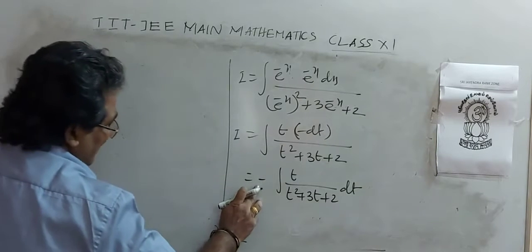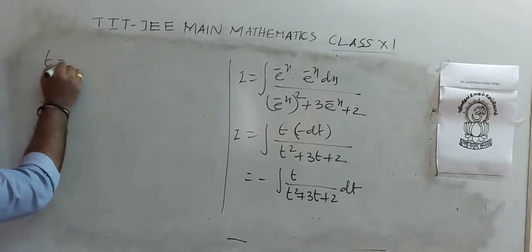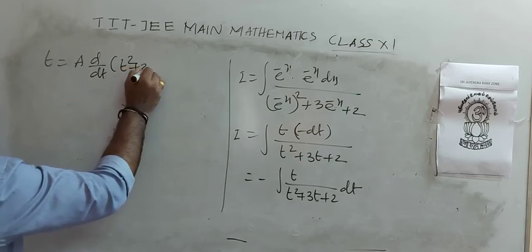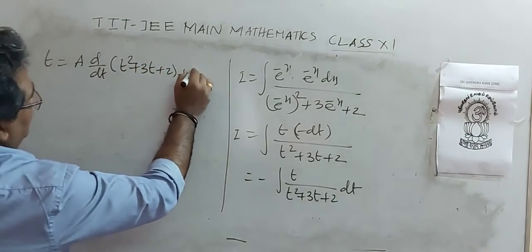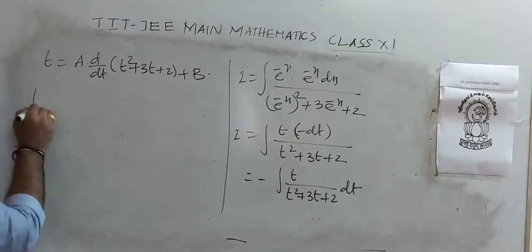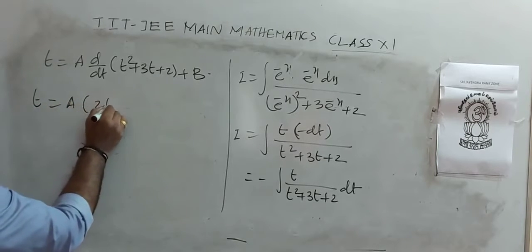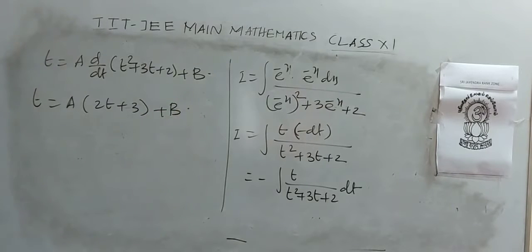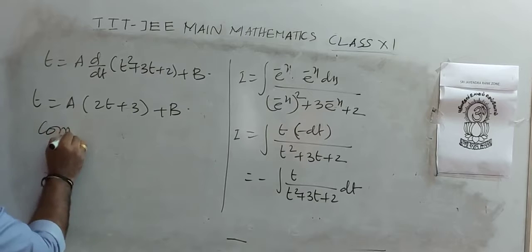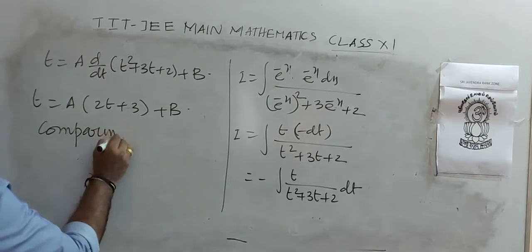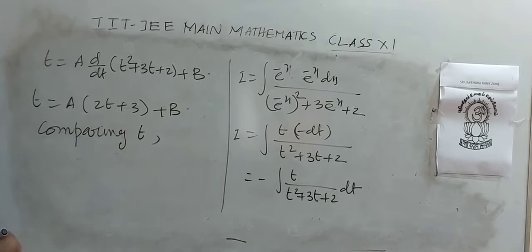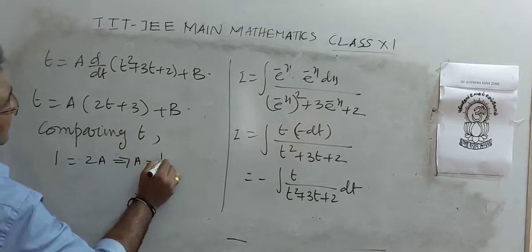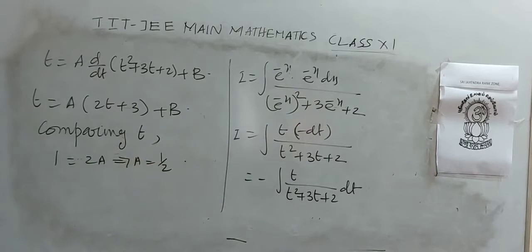So without this sign, just to write numerator t equal to a into d by dt of t square plus 3t plus 2 plus b. T equal to a into 2t plus 3 plus b. Comparing t, a equal to 1 by 2.